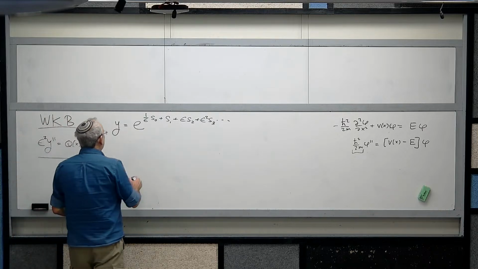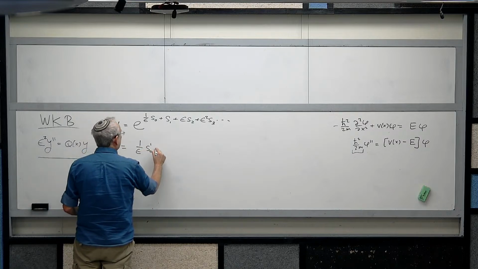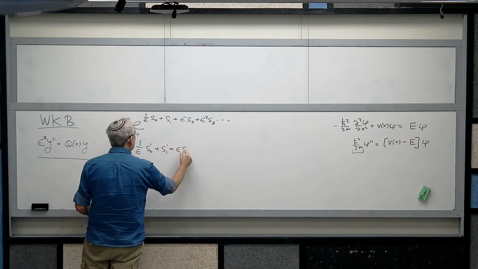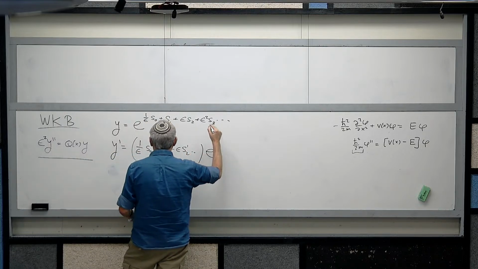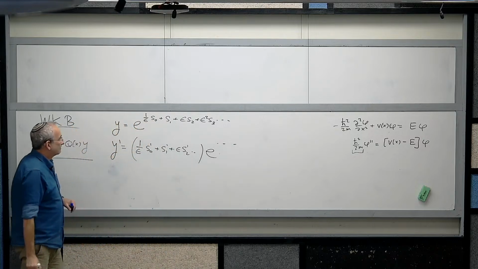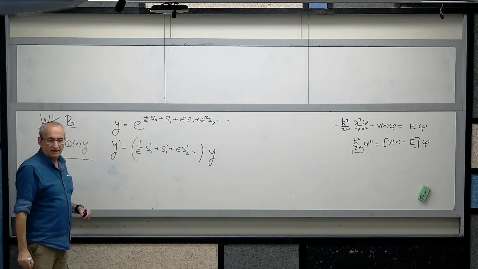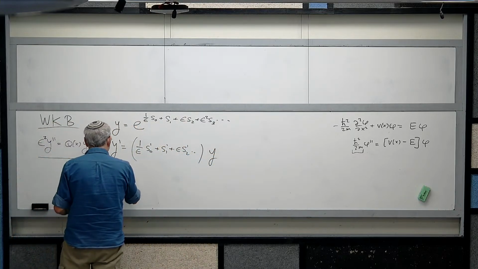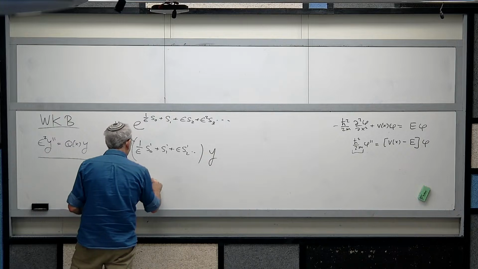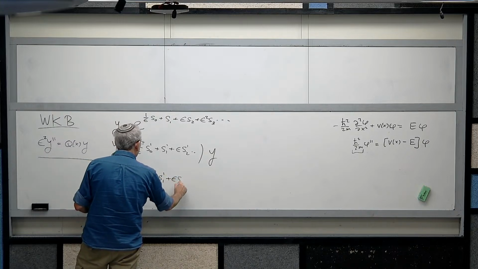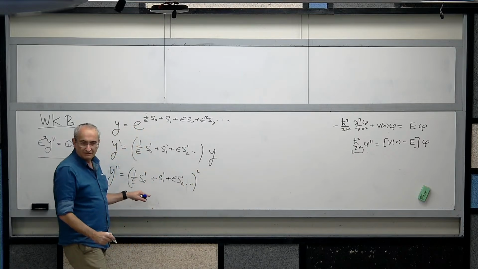What is y prime? Y prime is 1 over epsilon s naught prime plus s1 prime plus epsilon s2 prime, and so on and so forth, times y. You agree? What is y double prime? First of all I have 1 over epsilon s naught prime plus s1 prime plus epsilon s2 prime and so on, squared.